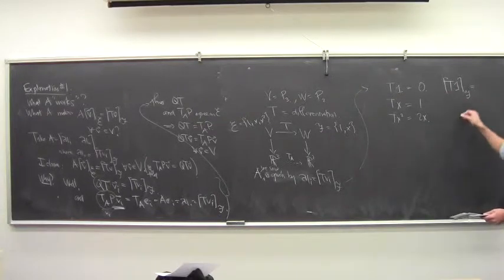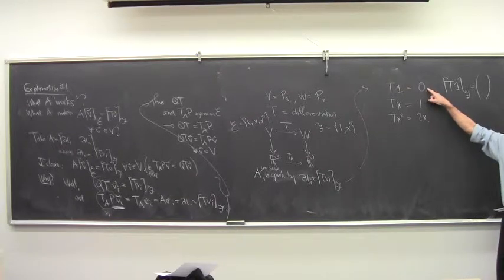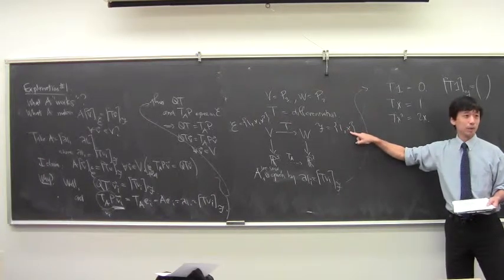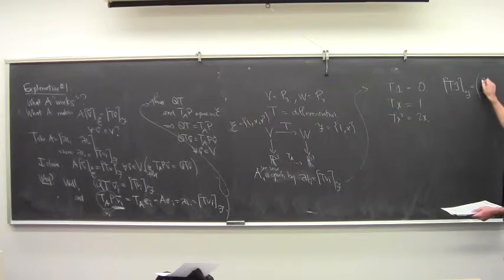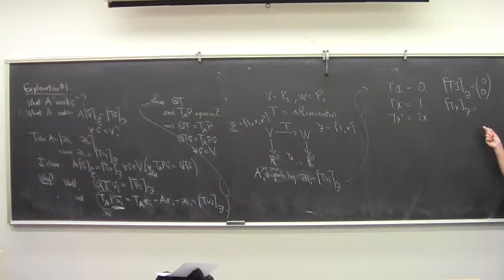With respect to the F basis, 0 is 0 of the first guy plus 0 of the second guy. So 0 is (0, 0) here. T of x with respect to the F basis is 1, so what do I write here?